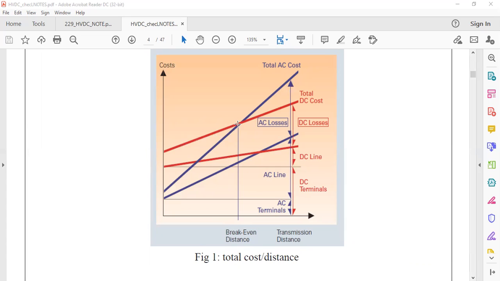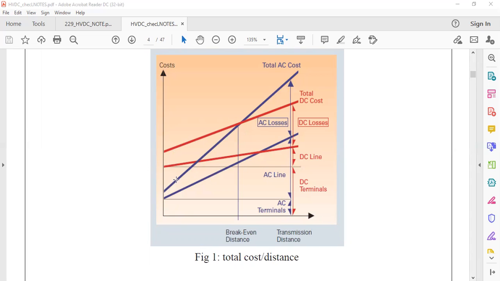Initially, let us say from 0 to 1 kilometer, the power transmission cost is very low for AC, but the DC cost is high.